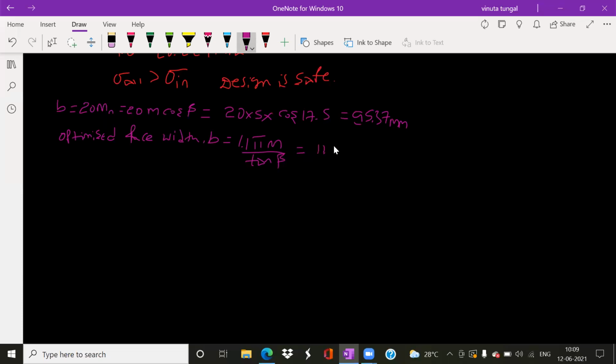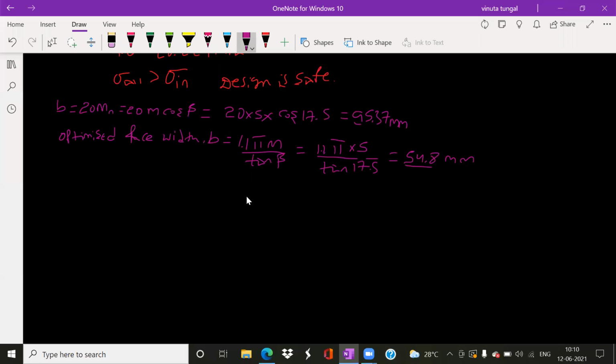Substitute the values. 1.1 into m, which is 5, into 5, divided by tan of the helix angle, which is given as 17.5. Substitute all the values and find out B. How much will you get for the optimized face width? 54.